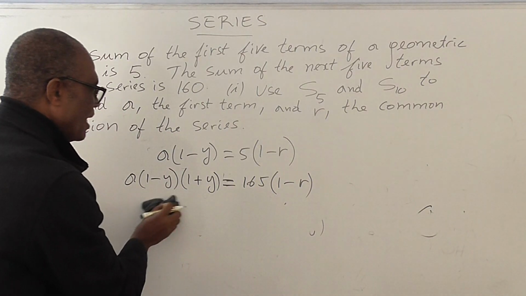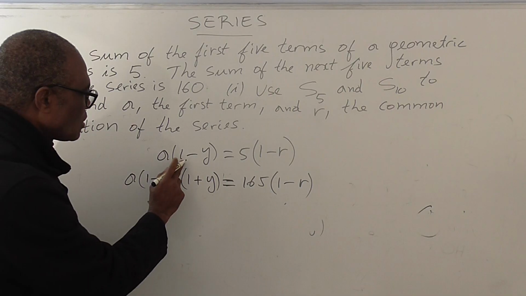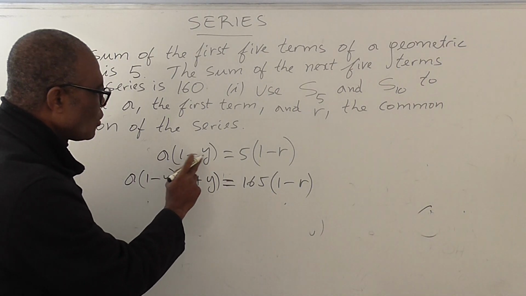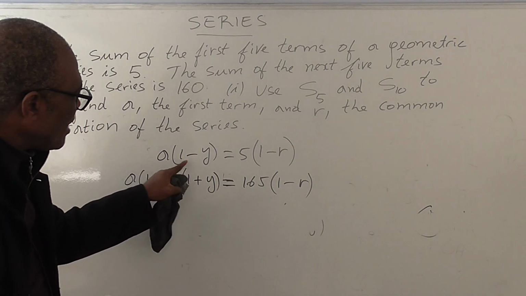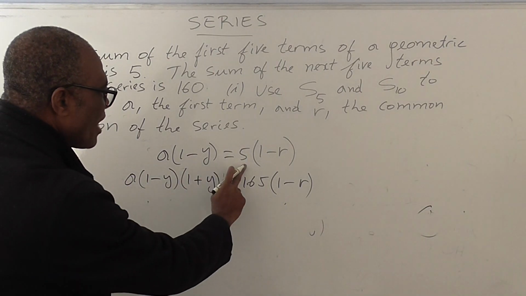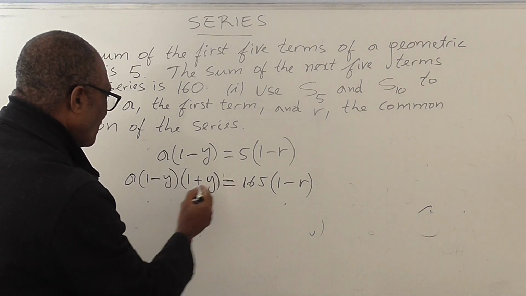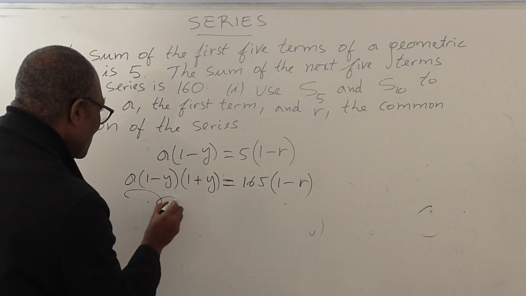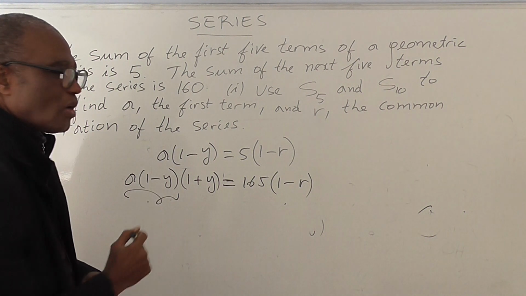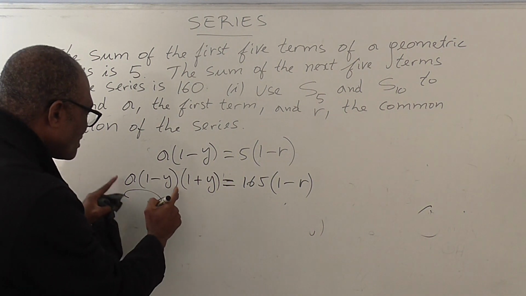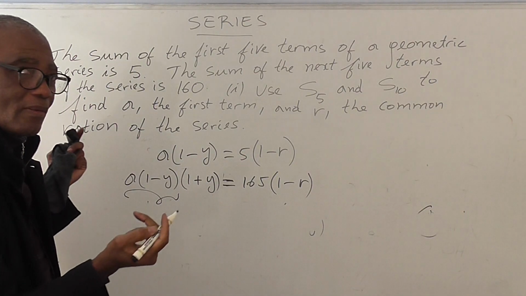Now, since I have it like that, see what we have here. A bracket 1 minus y is equal to 5 bracket 1 minus r. So I'm going to replace this part by 5 bracket 1 minus r, because it is exactly the same as that.